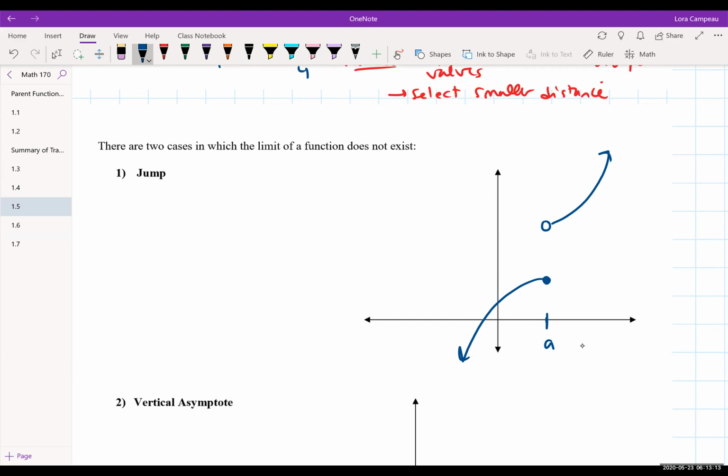And if we're playing around with them, it looks like there are two different pieces. If we're looking at where our A is, I'm going to approach this in two different ways.